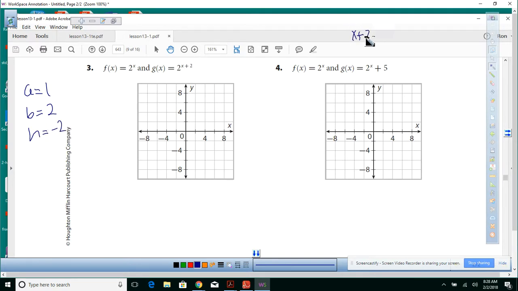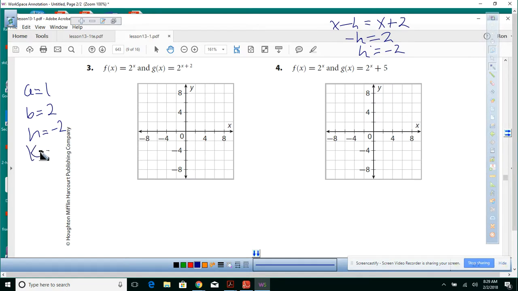Remember, x plus 2 equals 0, so x equals negative 2. All right? And, well, the equation was x minus h. So if x equals x plus 2, if you subtract x from both sides, you get negative h equals 2. So h equals negative 2.